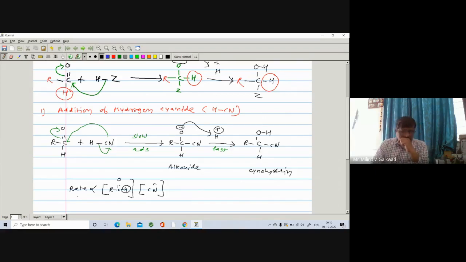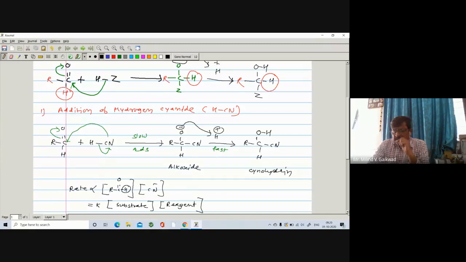So it is a second order reaction. You can remove the proportionality constant: rate = k [substrate][reagent]. Right, so this is the mechanism, a very simple mechanism.